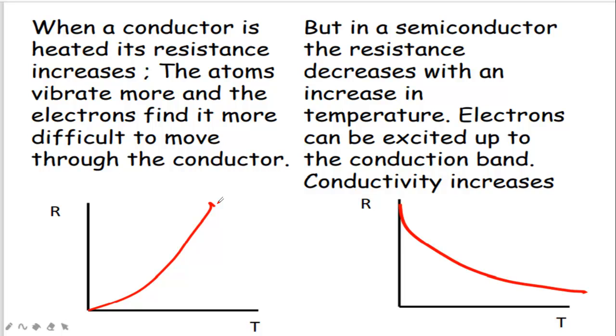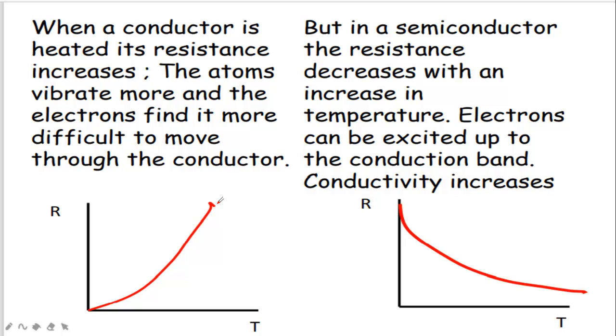If resistance is increasing, the conductivity is decreasing, meaning it is less conductive for electricity. So it's not good for a conductor: if we increase the temperature, the conductor slowly loses its virtue to conduct electrons.